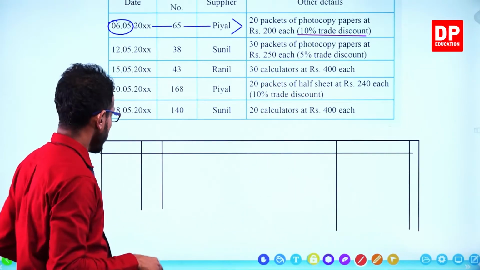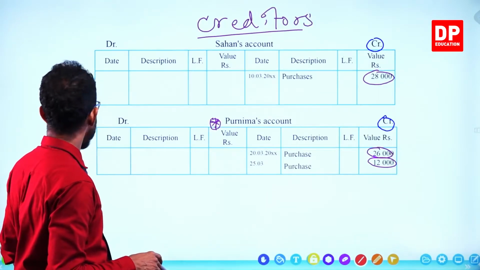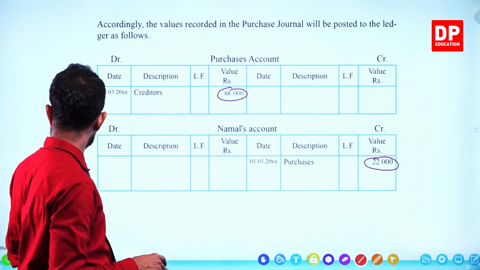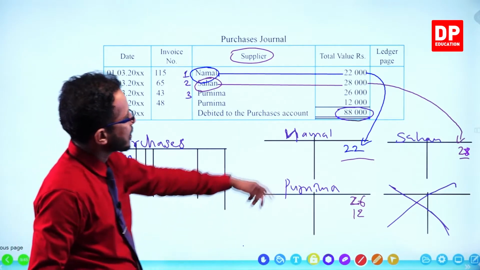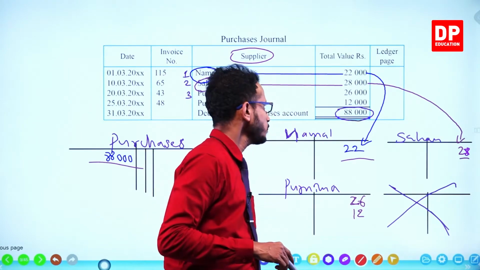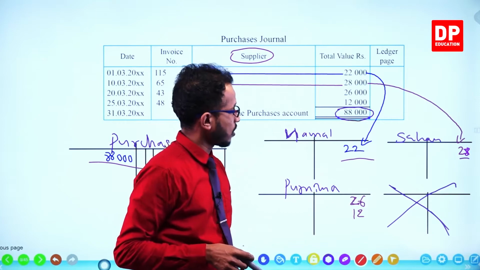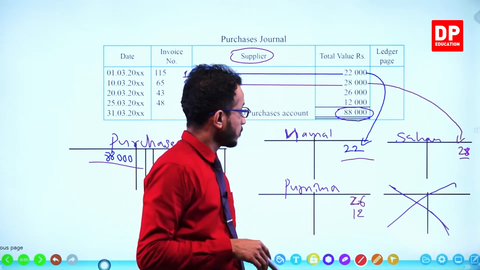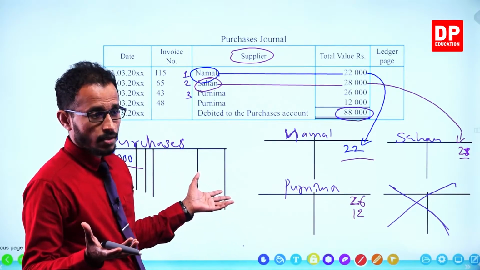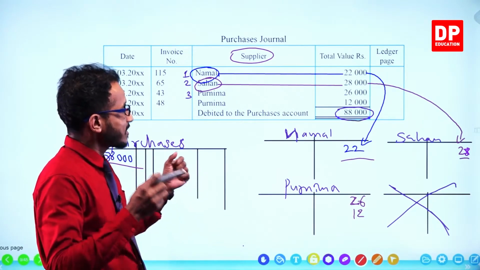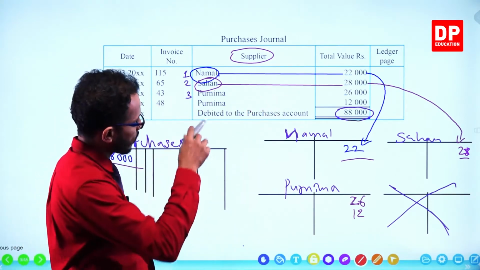Even the purchases journal given in the book has a ledger page column, but it is never used. It's not really necessary, but just for the sake of sticking with the complete full format, you can draw the ledger page.